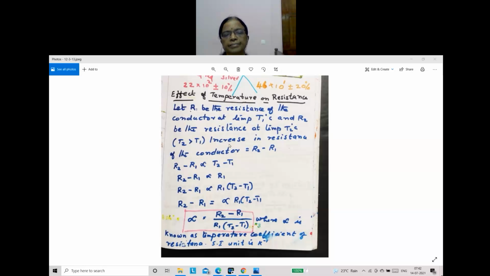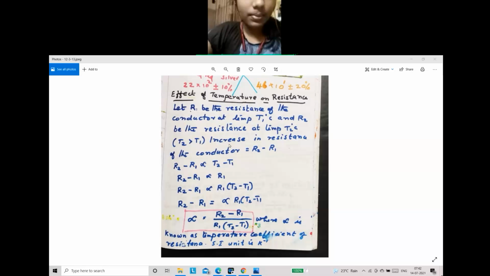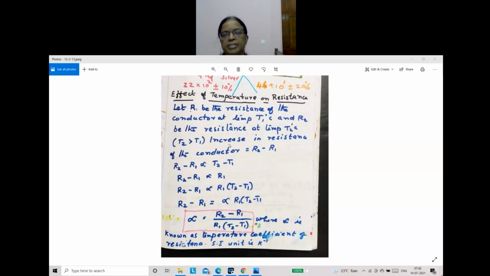If it is a very good conductor, what is the value of its resistance? Very less. That means easy flow of current through the wire. So here, effect of temperature on resistance.